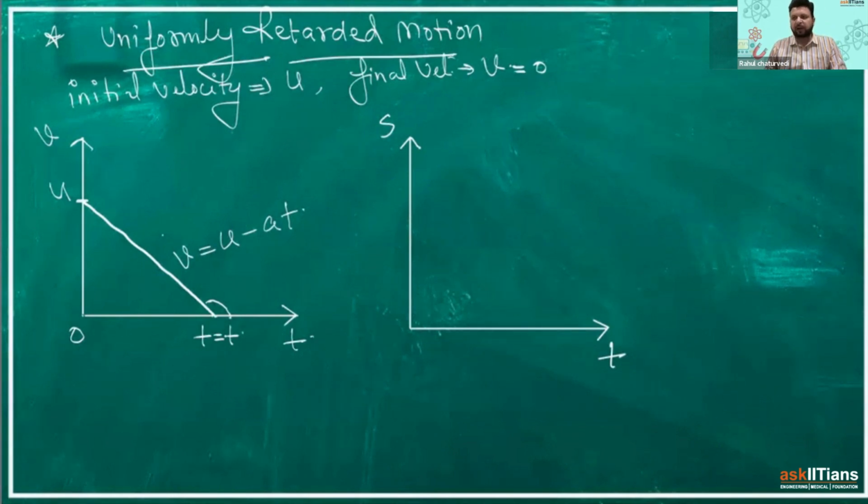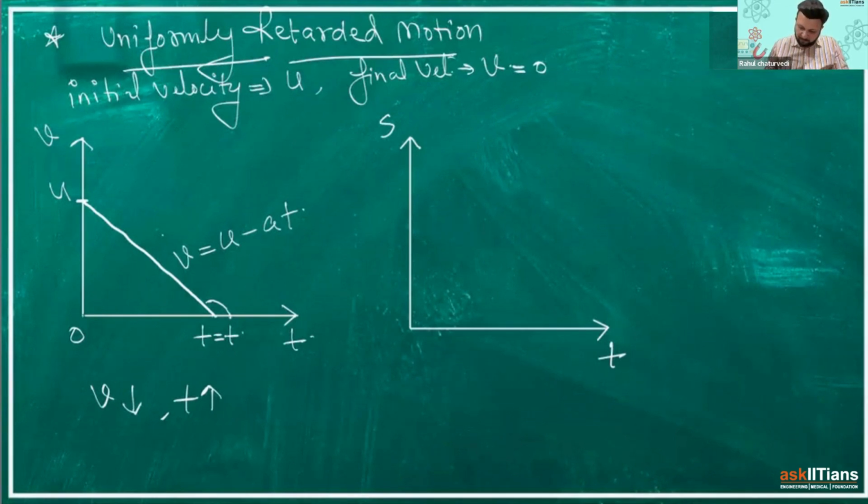So in case of retarded motion, what can you observe, is velocity increasing or decreasing? Actually, in retarded motion, velocity is decreasing with respect to increase in time. So here the slope of the ST graph will be a decreasing slope, not an increasing slope.